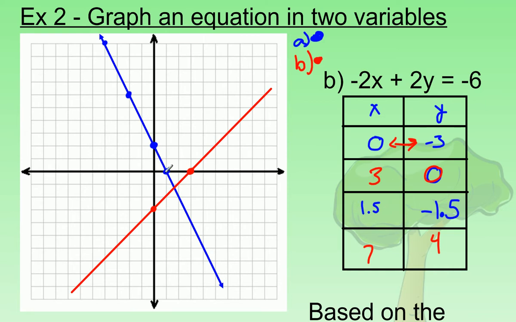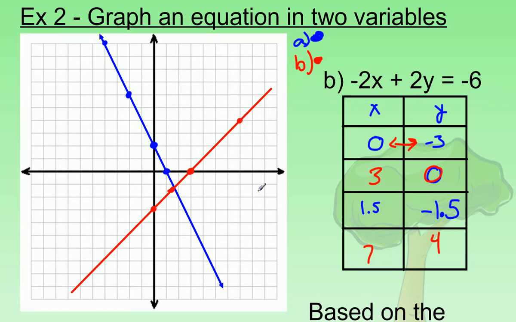So 1, 1.5, -1, -1.5. Yep. 7, 4. Let's see. 7 is to the right. 1, 2, 3, 4, 5, 6, 7. 1, 2, 3, 4.